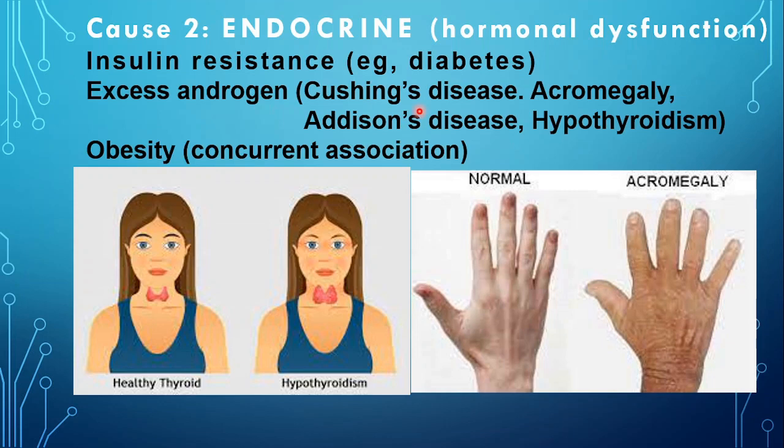Other causes include excess androgen hormone, Cushing's disease, acromegaly due to excess growth hormone, Addison's disease, and hypothyroidism, due to which thyroid stimulating hormone will be in excess in the blood. Excess androgen and obesity may be a concurrent association because most of the persons suffering from acanthosis are obese. Mostly they're obese.